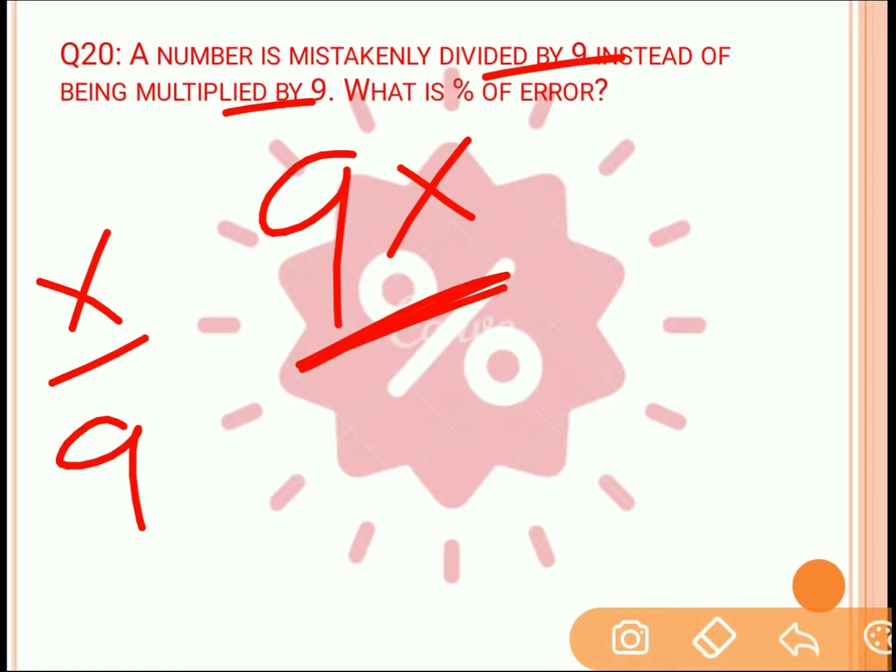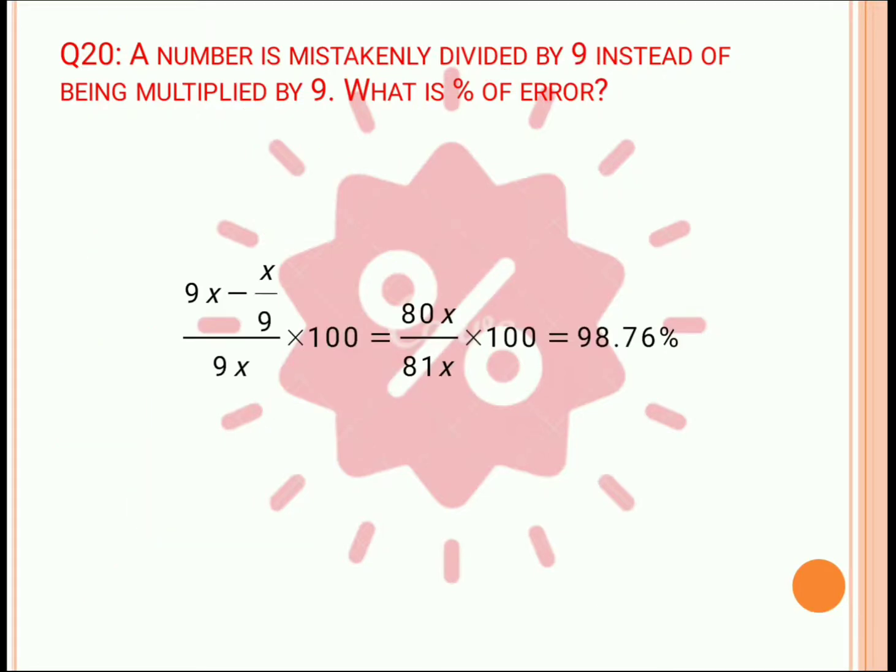So there has been some error between these two numbers, and that error is nothing but, with the base being 9x, (9x minus x by 9) upon 9x, that is final value minus initial value by initial value. So the original thing which we have to do is multiply by 9.